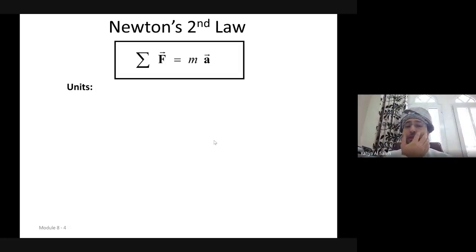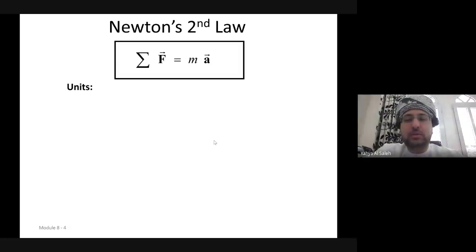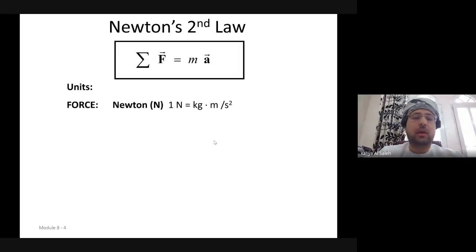So we introduced Newton's second law, which says F equals ma. We'll explain it in a second. F is for force, and it is a vector. It has a unit of newtons, where 1 newton equals 1 kilogram meter per second squared.